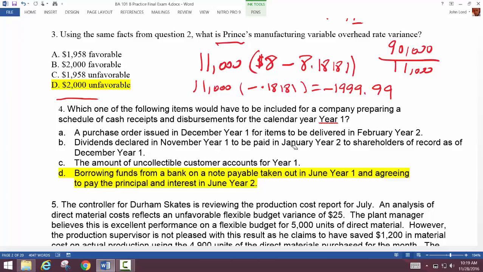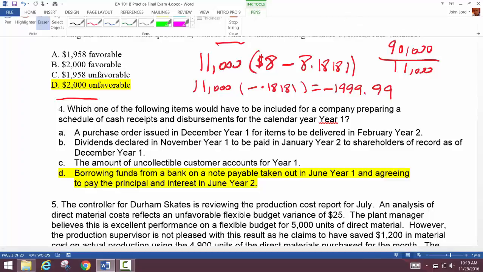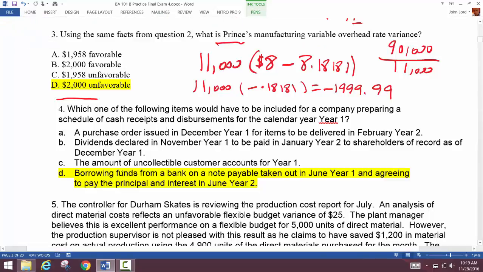Then what? The amount of uncollectible customer accounts for year 1. Uncollectible accounts have no impact on receipts, nor obviously on disbursements. This is a no-brainer for disbursements, right? Maybe we might fall for it for receipts, but the amount that's uncollectible is ignored for receipts and disbursements.